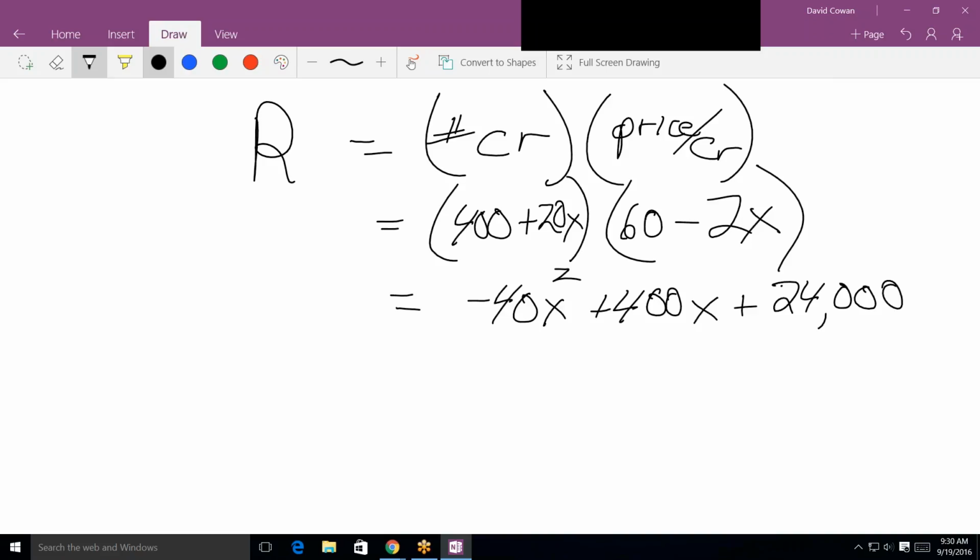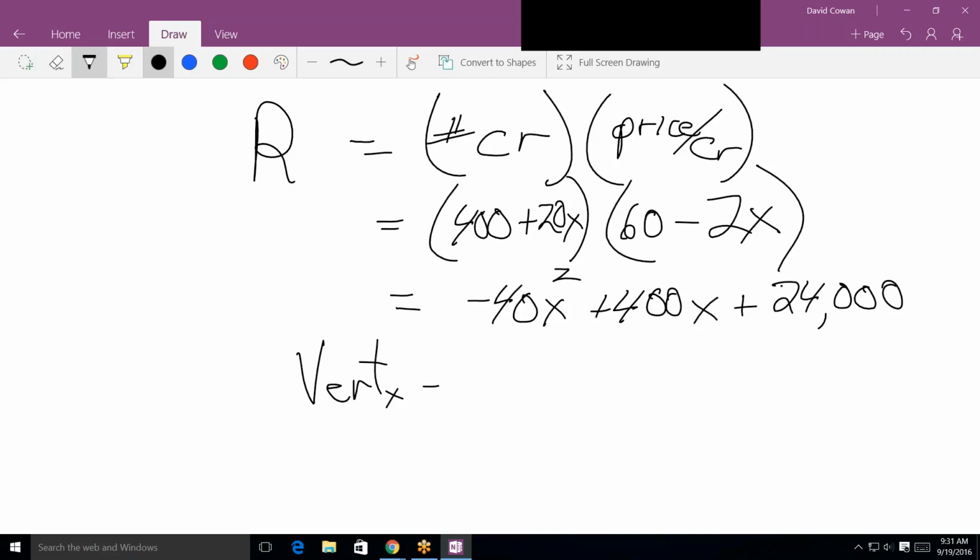I think it's 24,000, yeah. Yeah, it is that. Okay. So now, if the vertex is the only thing you have to find, I don't need to graph this. In fact, all I need to find is the x-coordinate of the vertex, right? That will tell me how many days to wait.